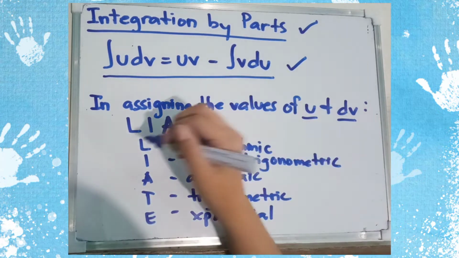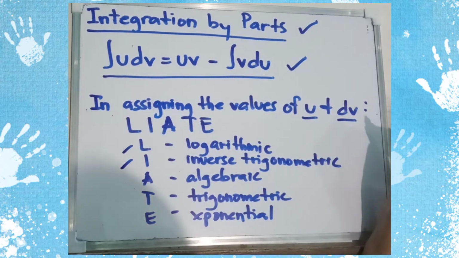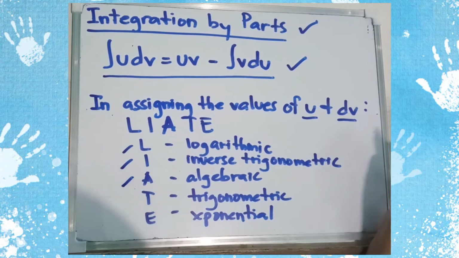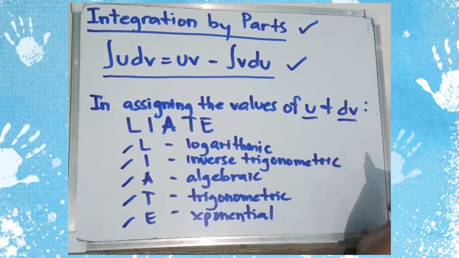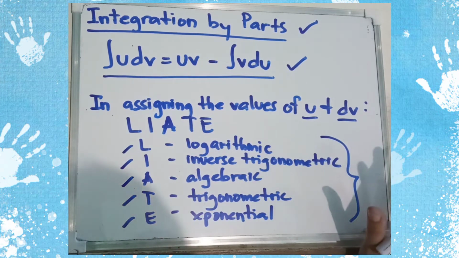L stands for logarithmic, I stands for inverse trigonometric, A stands for algebraic, T for trigonometric, and E for exponential.